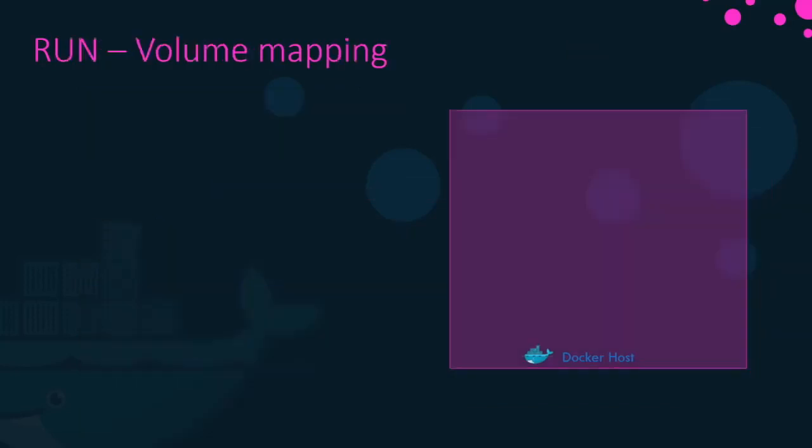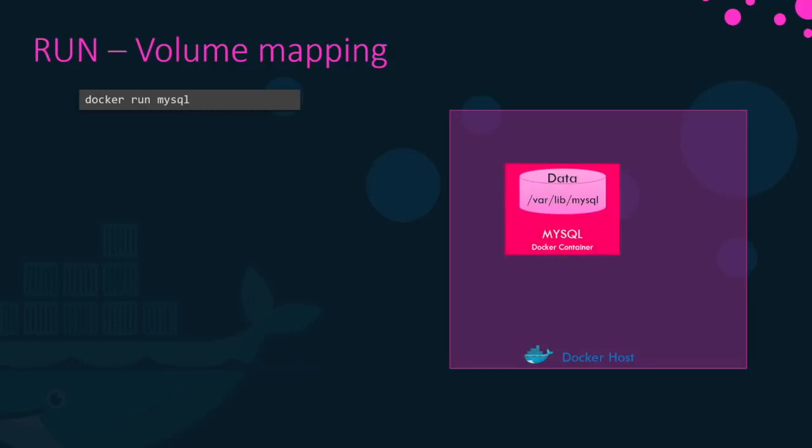Let's now look at how data is persisted in a Docker container. For example, let's say you were to run a MySQL container. When databases and tables are created, the data files are stored in location /var/lib/mysql inside the Docker container. Remember, the Docker container has its own isolated file system, and any changes to any files happen within the container.